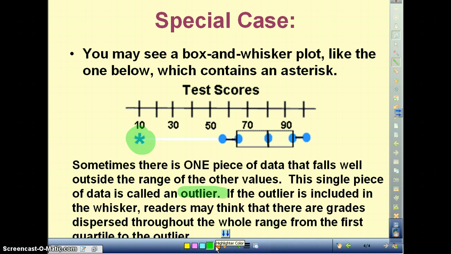If an outlier is included in the whisker, readers may think that there are grades dispersed throughout that whole range from the first quartile to the outlier. If most of your data is falling in here, but you have one super extreme low number, then we're going to mark it with a little asterisk or a little star, and that will be considered an outlier.